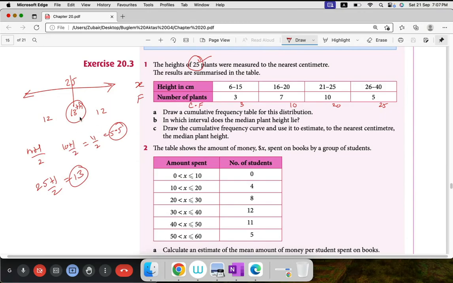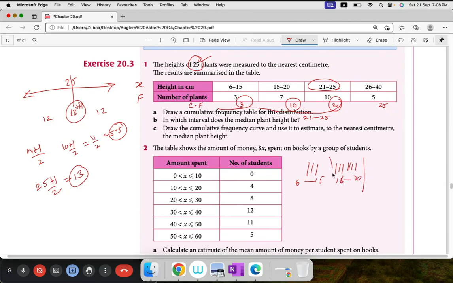Now this is the 13th number. So this is 3, this is 10 in total, and 13 would be covered here. So this is my median class. In which interval would the median lie? The median lies in 21 to 25. If I arrange all these, the first three are 6 to 15, then there are 7, which are 16 to 20.